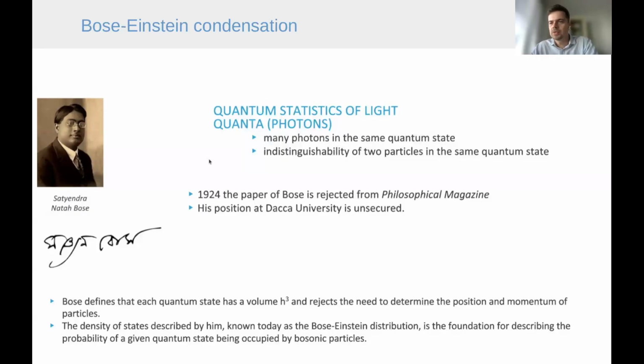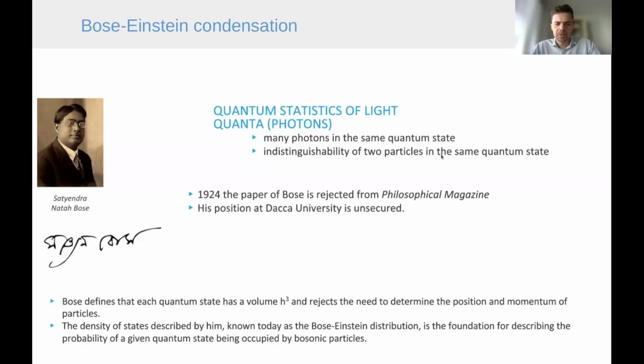He tried to develop a model of photons which would explain the unexpected behavior at low energy. He made a few assumptions. He assumed that we can have many photons in the same quantum state, and that these photons are indistinguishable.